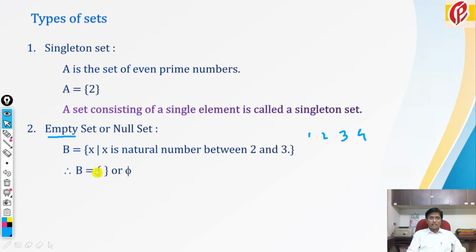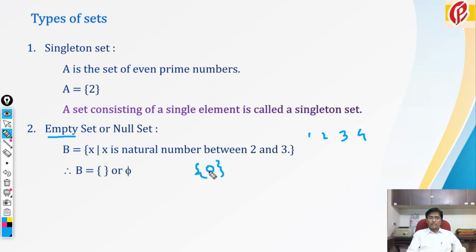An empty set is written like this: open curly bracket and close curly bracket. So this is called the empty set. An empty set is denoted by this symbol. This symbol is called phi. Now tell me, suppose the set contains the element 0. The 0 is in the set. Tell me, is this an empty set or not?